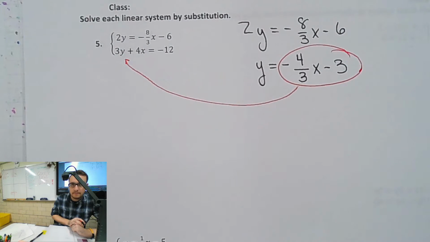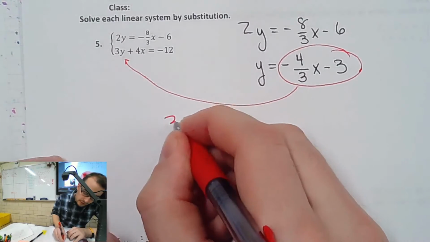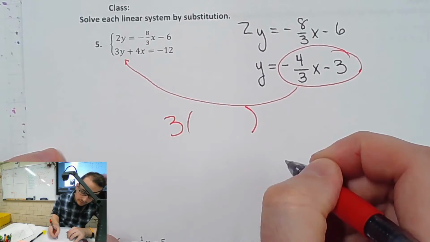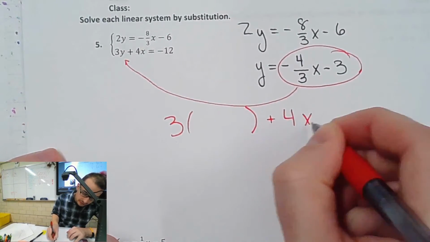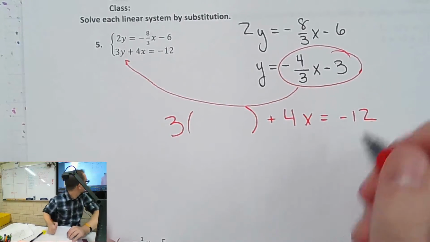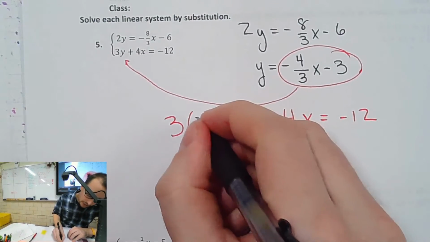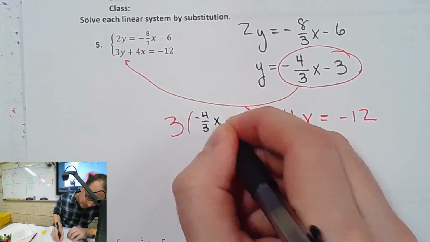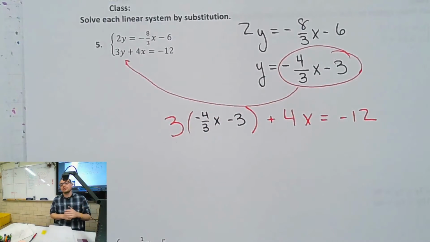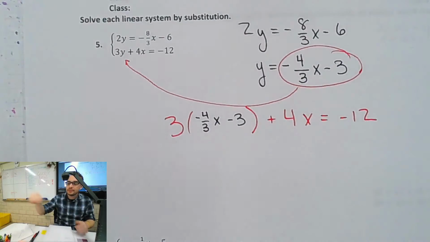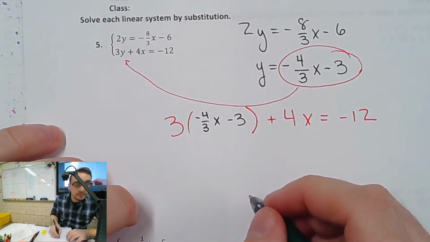Jordan, you doing okay? 3 times whatever y is plus 4x equals negative 12. We're plugging in negative 4/3 x minus 3. Whenever we plug stuff in, we wrap it in parentheses. Now we distribute.